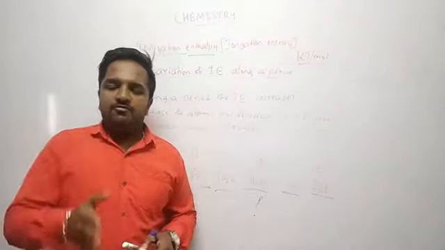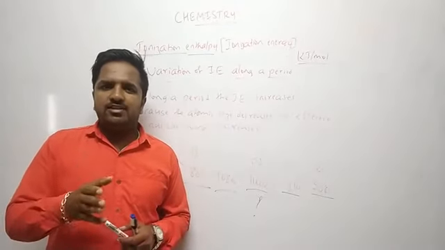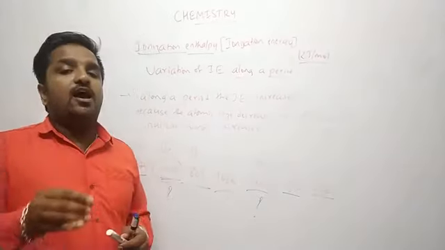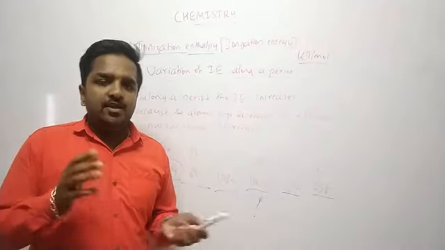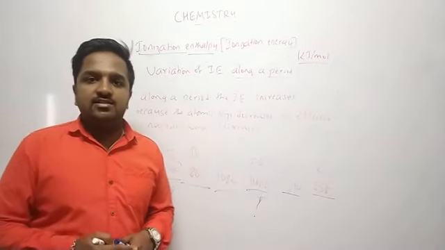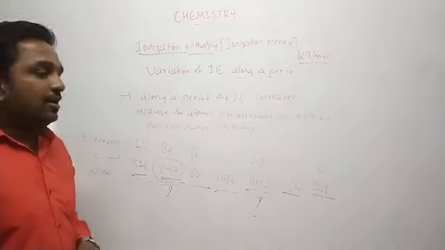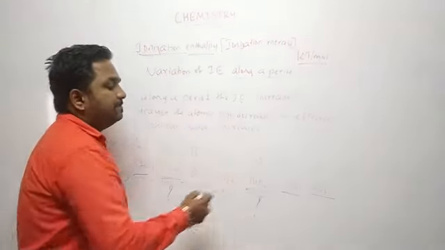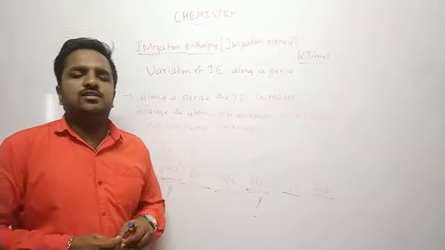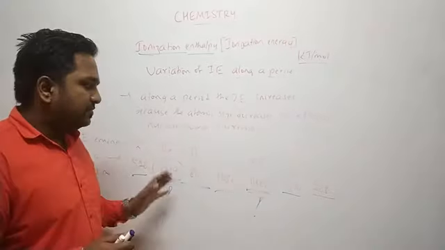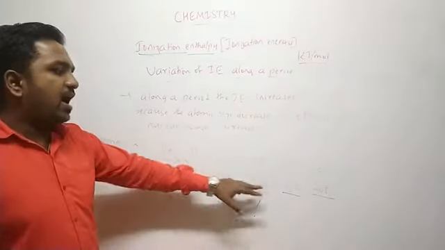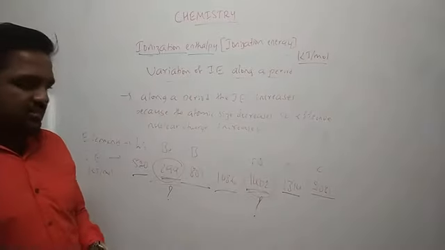For example, 3 electrons in the p orbital or 5 electrons in the d orbital are also termed stable. In nitrogen, we have a half-filled p orbital, so we consider it stable. Because of this, we have a high increase in the ionization enthalpy.